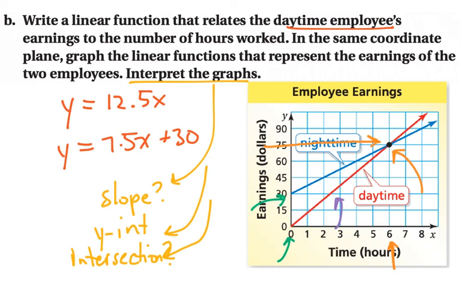We know that actually the daytime employee, while they have a higher hourly wage, does not earn more money than the nighttime employee until each person has worked more than 6 hours. It's not until these portions over here that that daytime employee actually does get the benefit of their hourly wage being higher. But that's the last idea for us here in this new section, looking at linear functions.